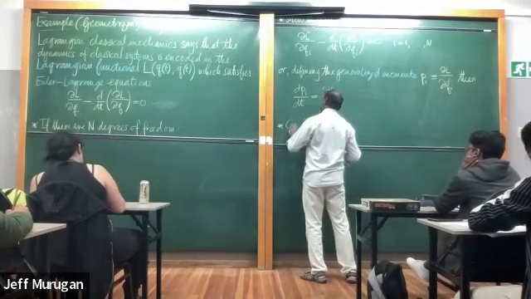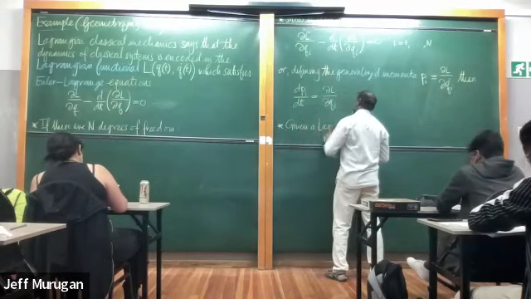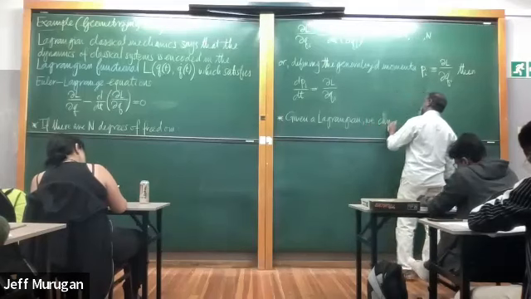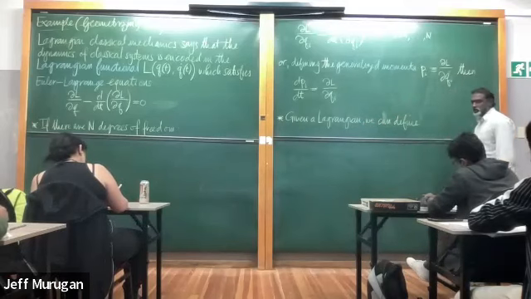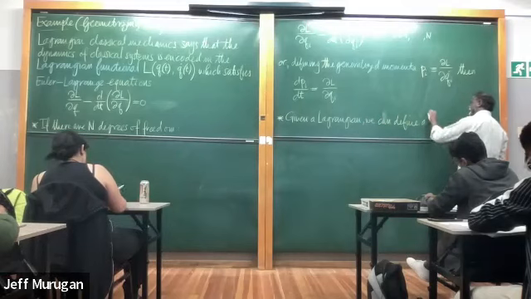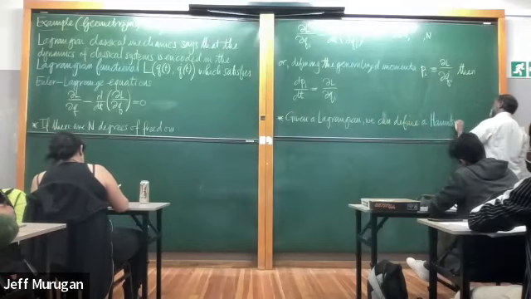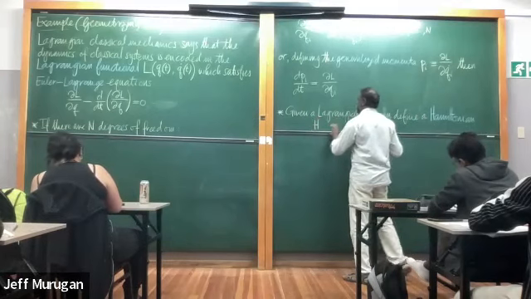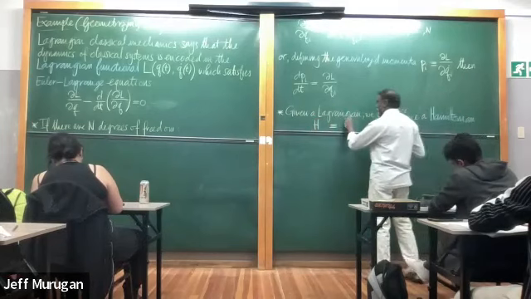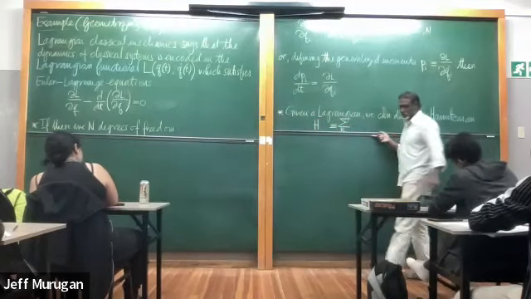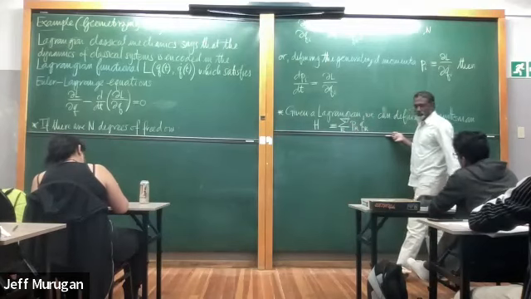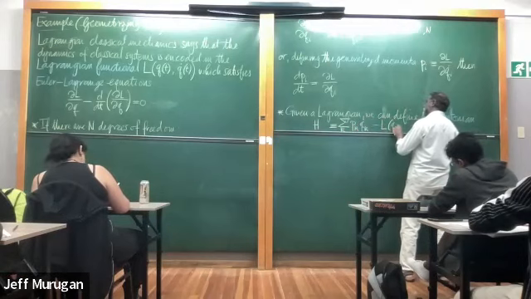So given a Lagrangian, we can define the Hamiltonian H. H is a function defined to be the following: the sum over all these variables, 1 to n, of p_k q_k dot, minus the Lagrangian L of q_i, q_i dot.